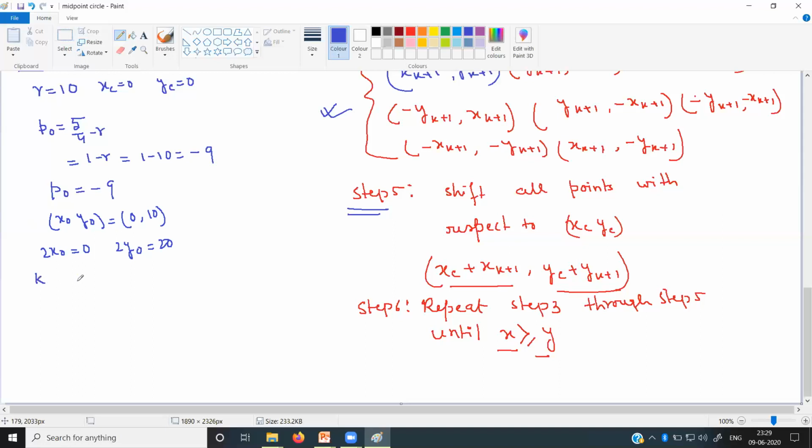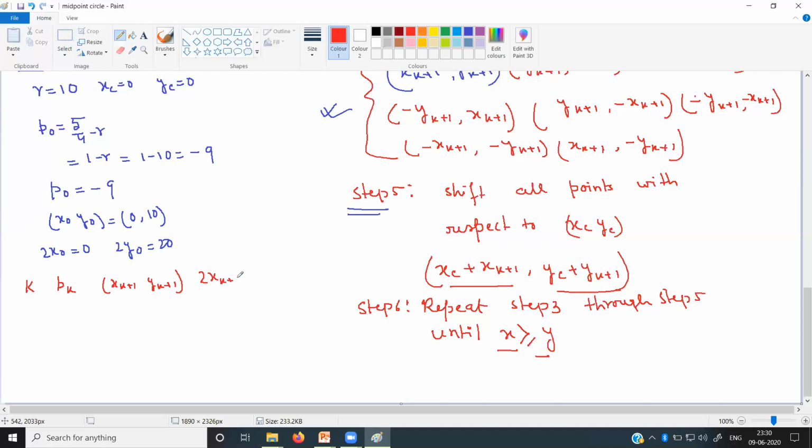Here we can write k, my iteration number, pk, the decision parameter, and xk plus 1 and yk plus 1, the x value and y value for the circle.